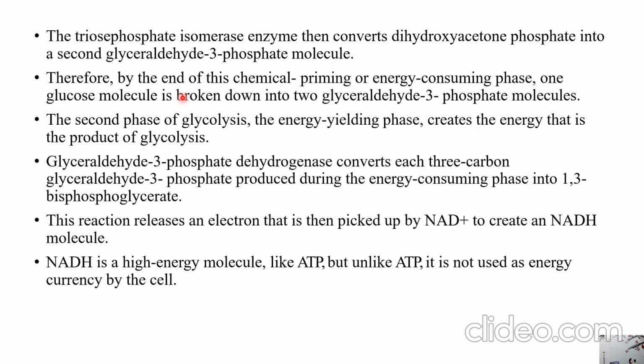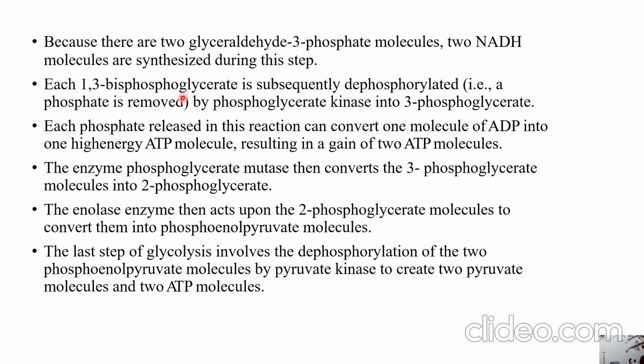NADH is a high energy molecule like ATP, but unlike ATP, it is not used as an energy currency by the cell. Because there are two glyceraldehyde 3-phosphate molecules, two NADH molecules are synthesized during this step.